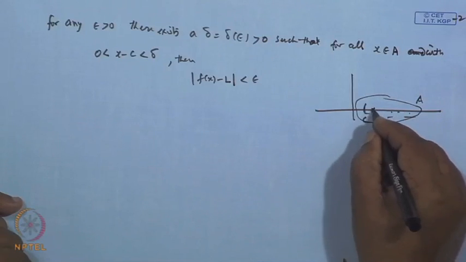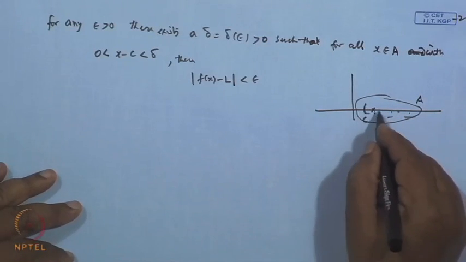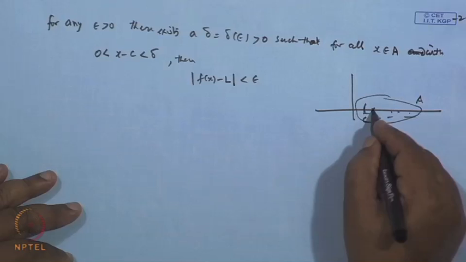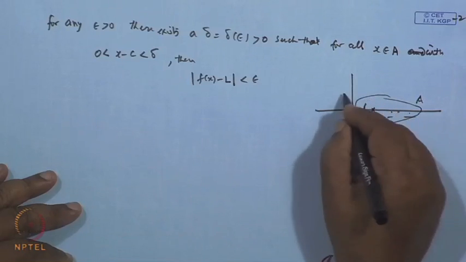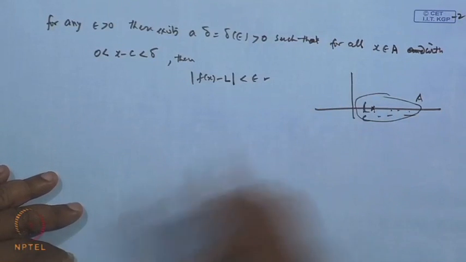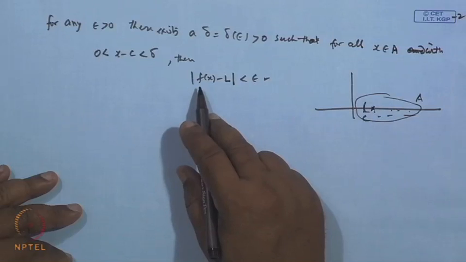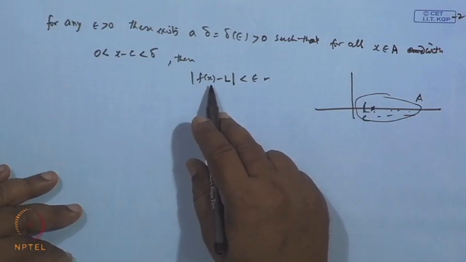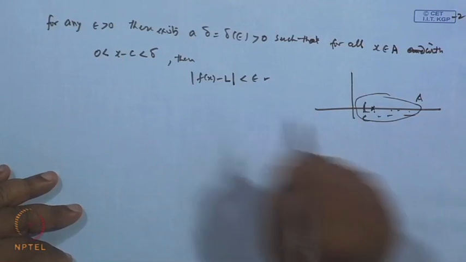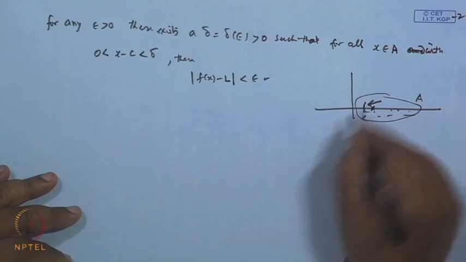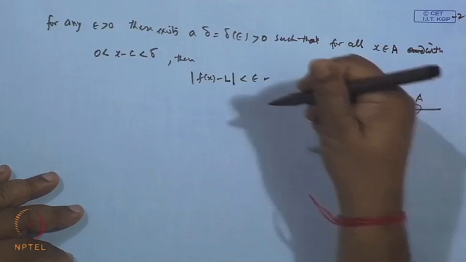So, if we pick up the points x here which are greater than c and the functional value f(x) minus L lies within this interval, then we say that the limit of the function f(x) from the right hand side exists and is equal to L. That is, we are approaching c from the right hand side.